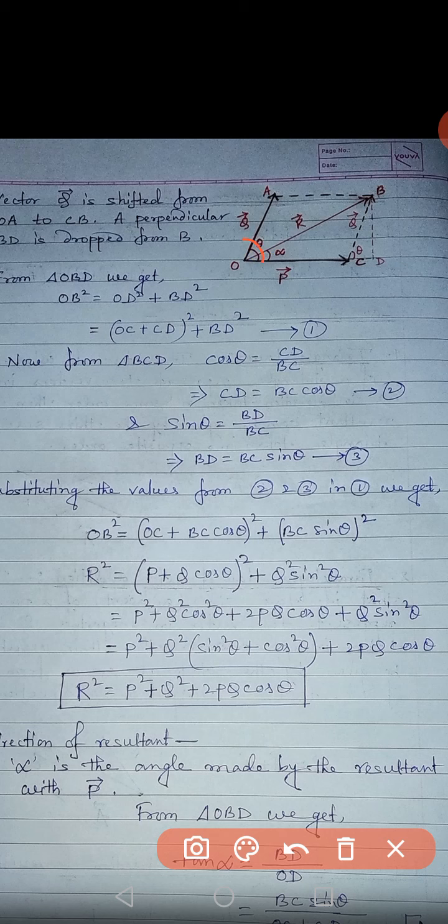As we are finding the magnitude of R, the resultant, in the last case I wrote C equals A plus B, but here in place of C it is R the resultant, in place of A it is P, in place of B it is Q. Ultimately, whatever the name, we are finding the resultant.